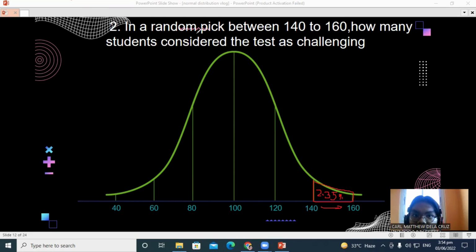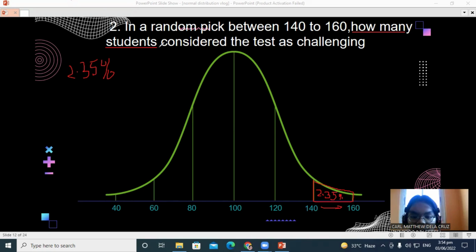If we were not asked how many students, this would be the answer. Since how many students is being asked, we need to multiply 2.35% by the population, which is 400 students.